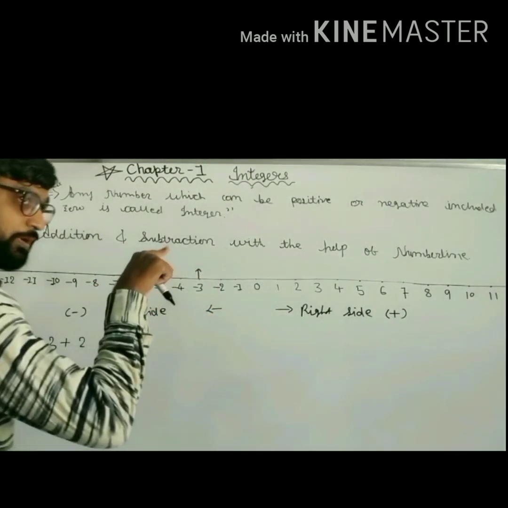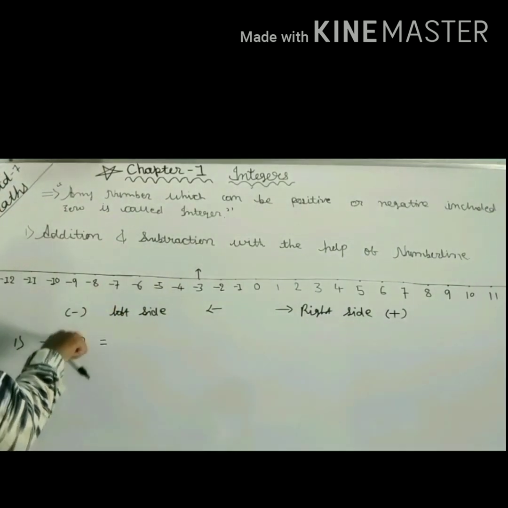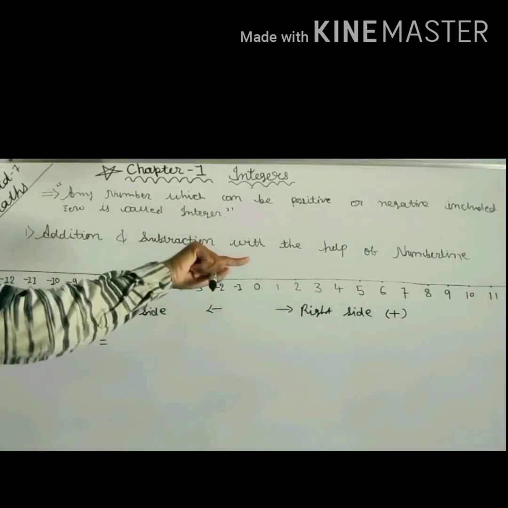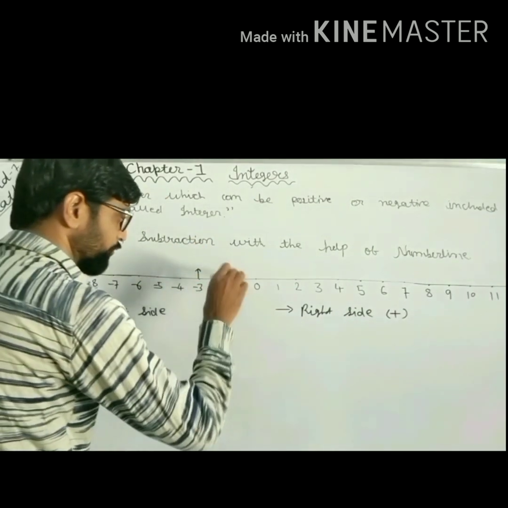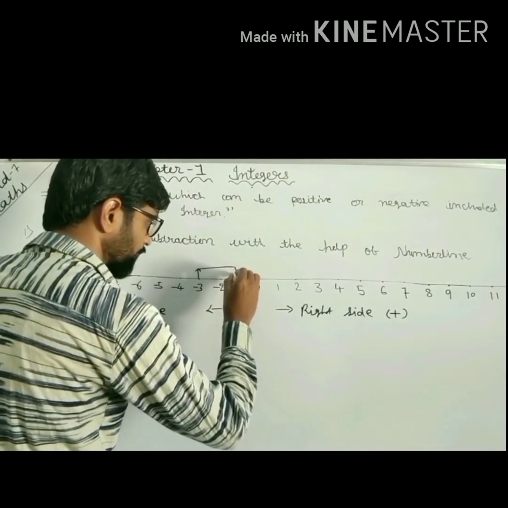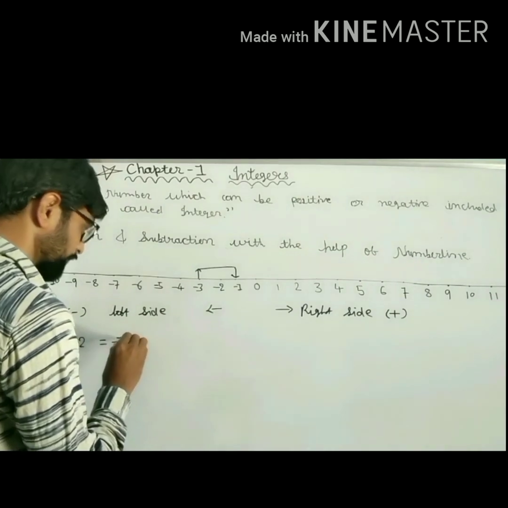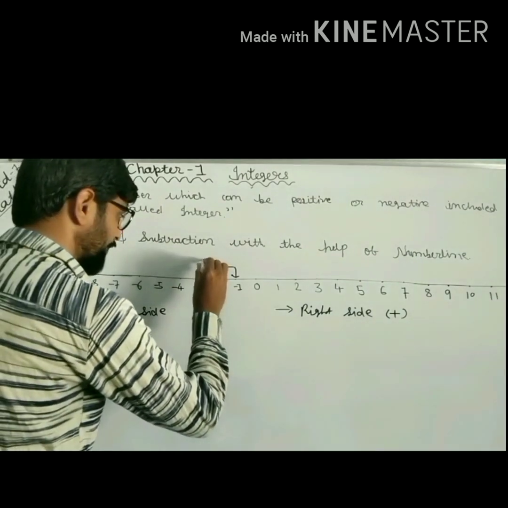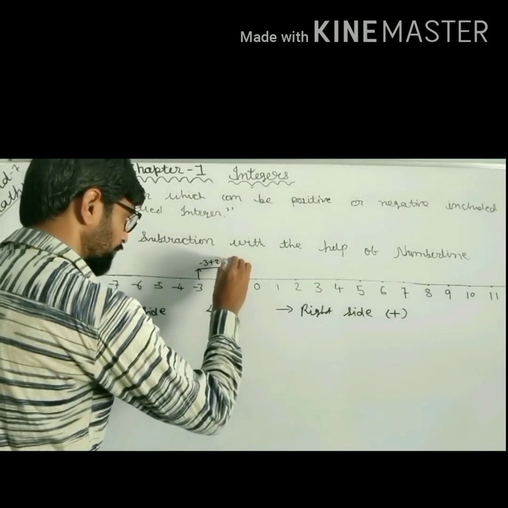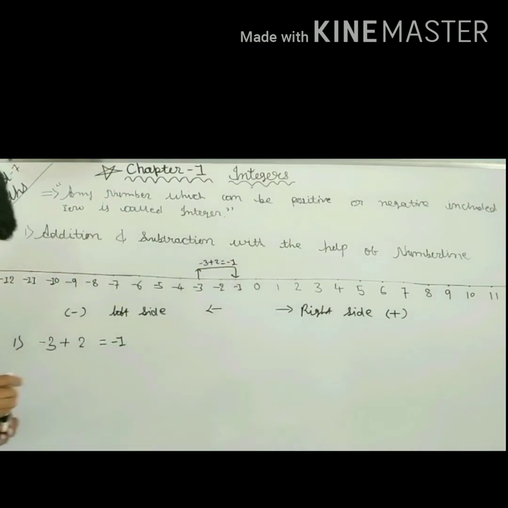Plus means you have to move to the right side. 1 and 2, we have to move two numbers only. So what will be your answer? -1. This is with the help of the number line. Your answer will be -1. Is that clear to everyone?